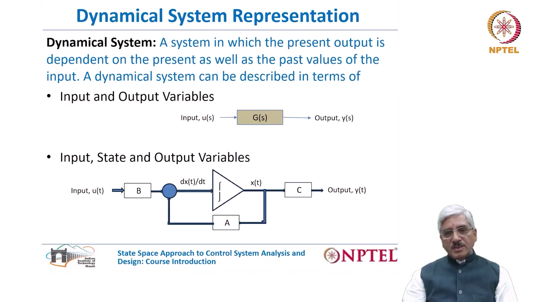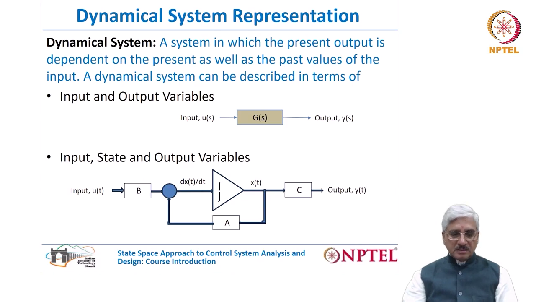One way is the input and output variable based description. This was used till the 60s in classical control, and even today when we use the classical methods, it is the transfer function in the case of continuous time systems.